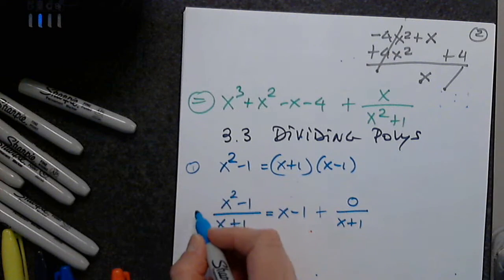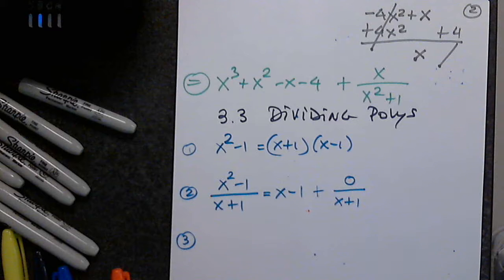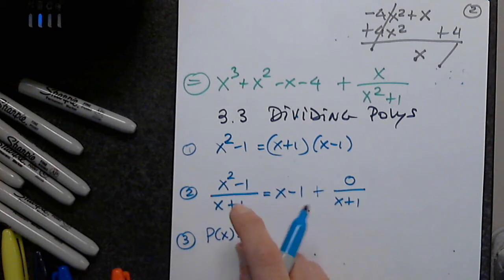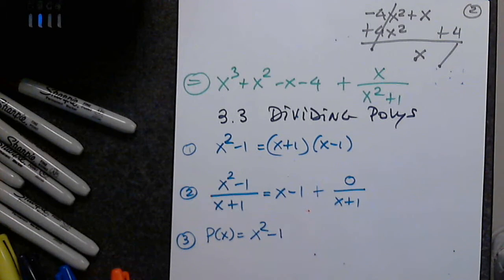So this is number 1. I'm building the concept right now with you, together with you. So here's number 3. I have this polynomial. I'm back to the same situation. They're all 3 connected, deeply connected. Okay. So I name the numerator p of x, polynomial of x, x squared minus 1. And now I'm going to ask 2 questions.